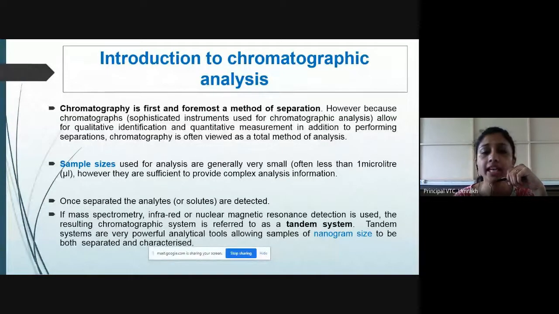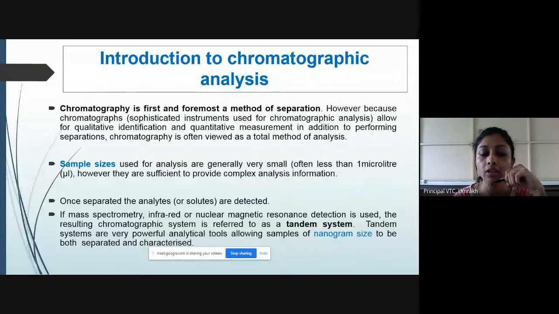Any kind of sample, whether it is in liquid, solid, or gaseous form, or even isomers and compounds with similar structures, we can separate those compounds, analyze them, and quantitatively measure them through chromatography.